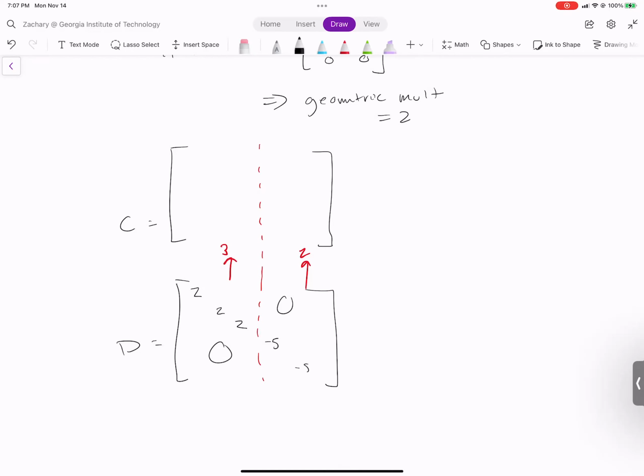If the dimension of the eigenspace for lambda equals 2 is 2, it's spanned by 2 linearly independent eigenvectors. That means we can only fill 2 columns. So the question is, what goes in the 3rd column? That question doesn't have an answer. That's why it's not diagonalizable. How do you just make something up to put there?